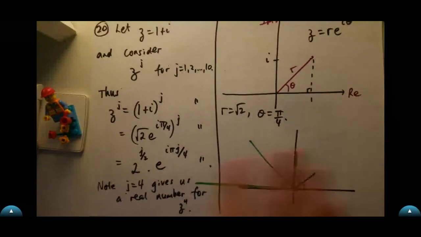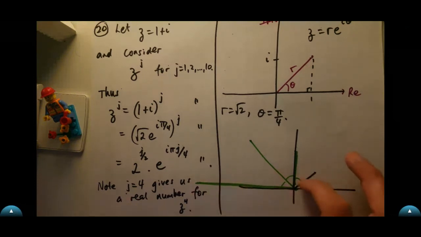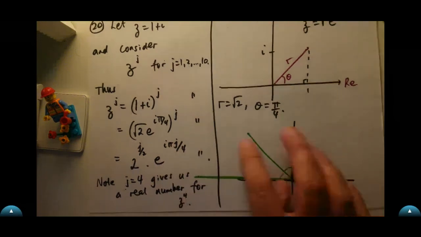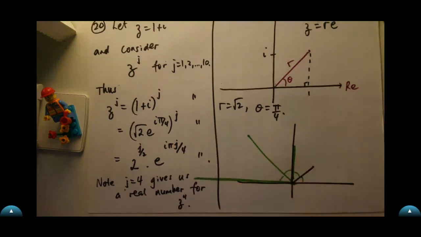I haven't plotted them correctly here, but you can do that. You get the idea. Okay, so even that was a hard question. It was pretty easy. So the pattern is the complex numbers' angles keep increasing by pi on 4 through every power, and the lengths increase by a factor of root 2.